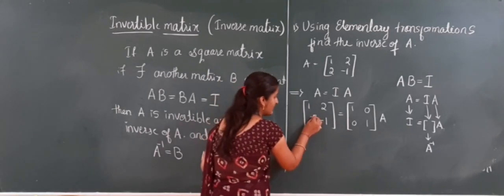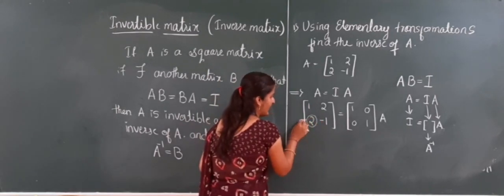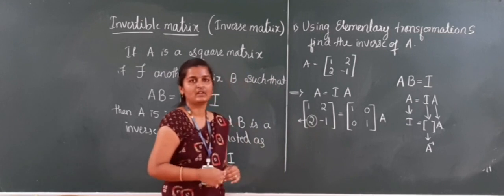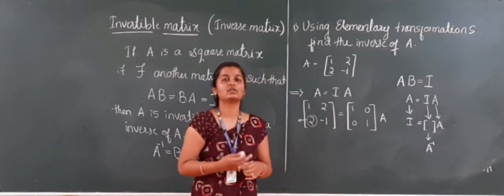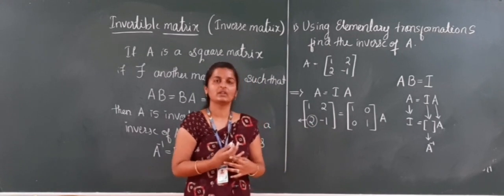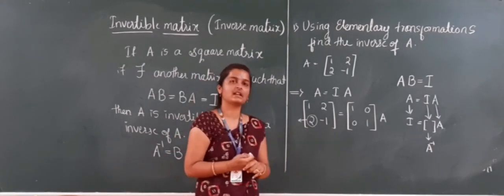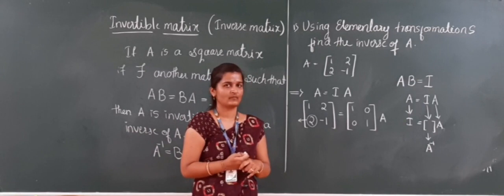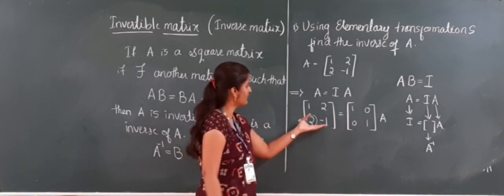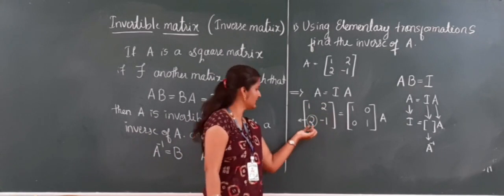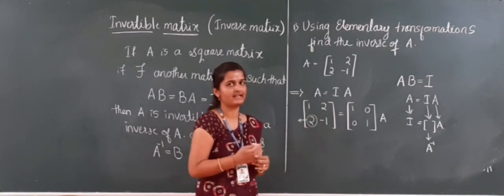Next I have to convert this term as 0, using an elementary transformation. Which elementary transformation should I use? The first elementary transformation means interchanging the rows. If we interchange these two rows, it will not come as 0.